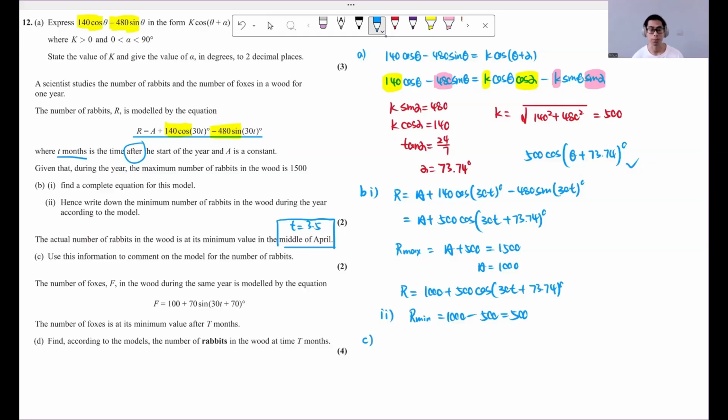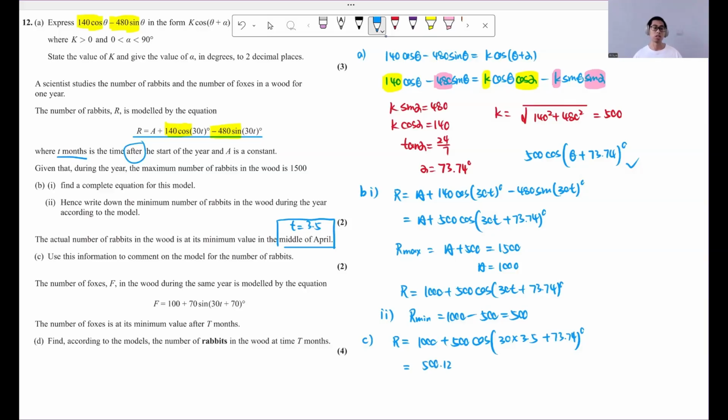So R equals 1000 plus 500 cos(30 times 3.5 plus 73.74 degrees).